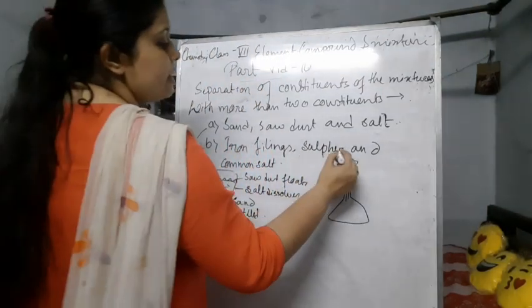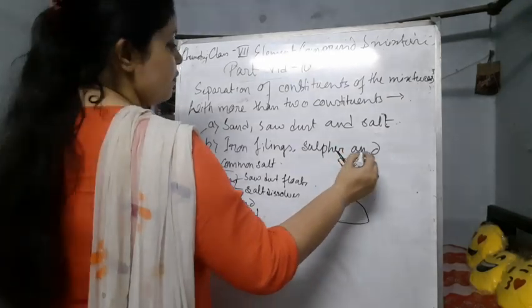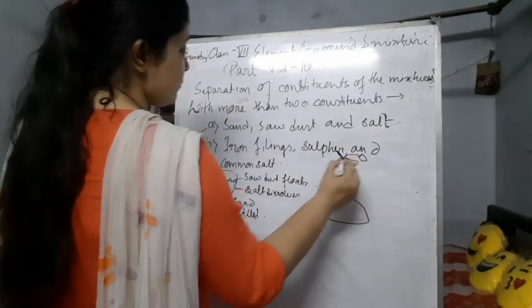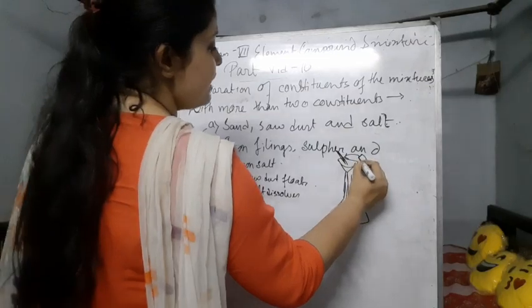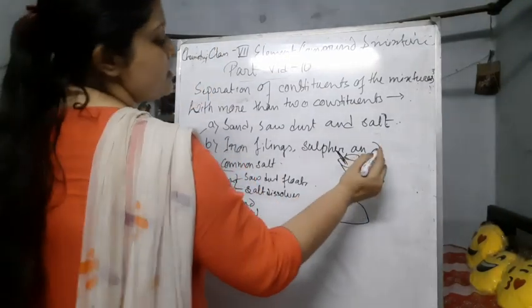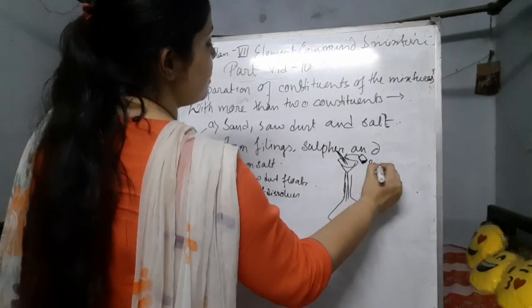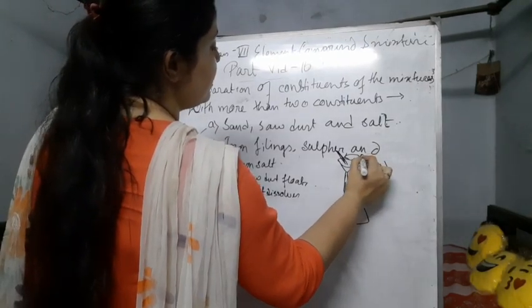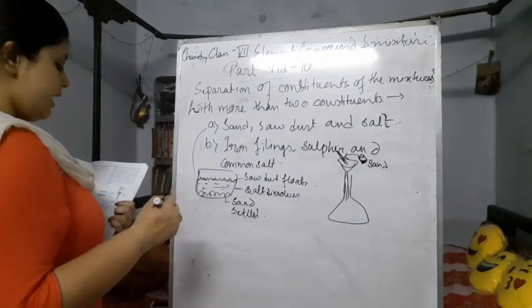With the help of a glass rod, we pour it. In the beaker the sand is at the bottom and the liquid is on top.